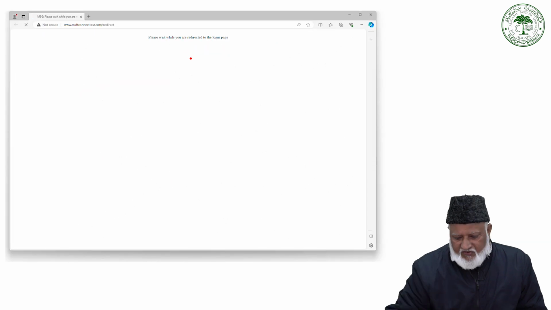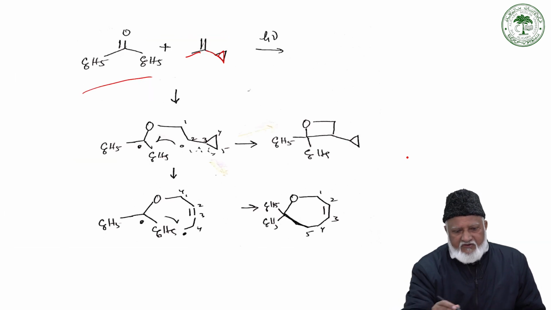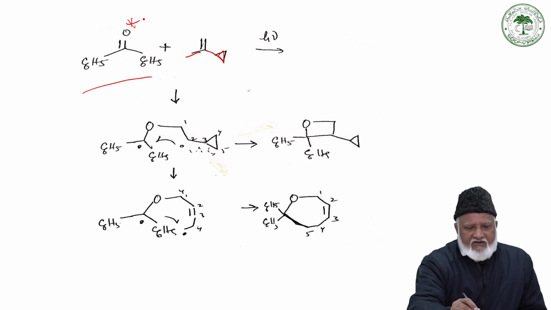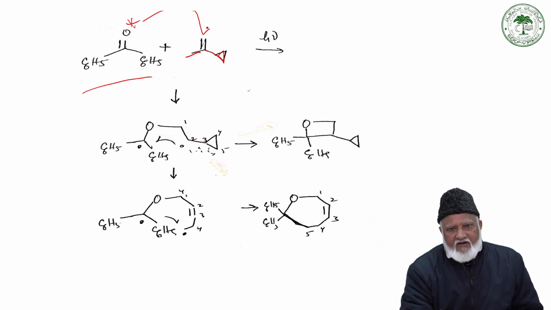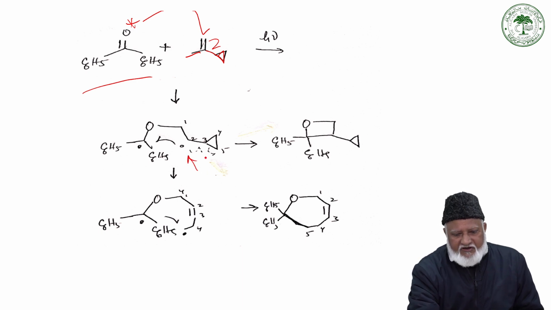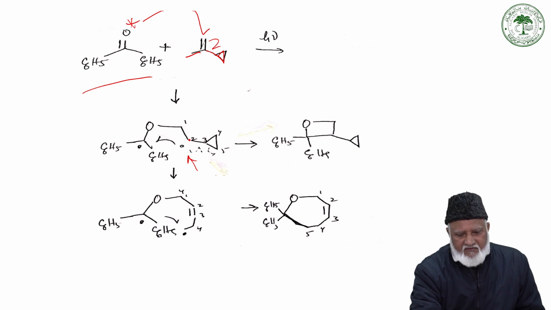In the presence of light, the carbonyl goes to an excited state. This excited carbonyl can add to this carbon to generate a tertiary radical. There is a methyl group here, CH3. So this is a tertiary radical.